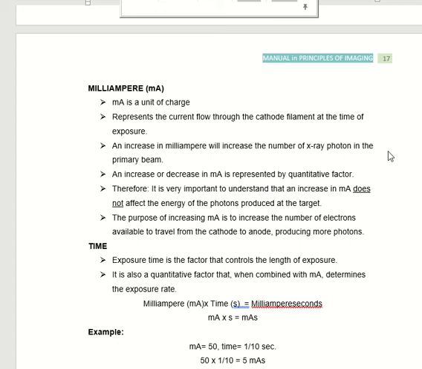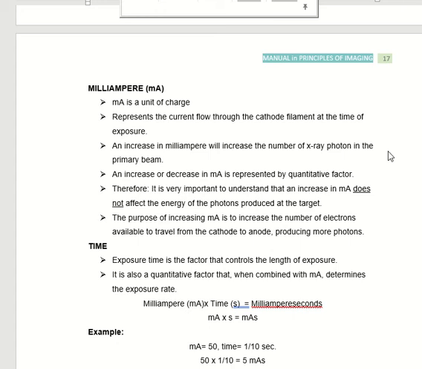So normally, when we select the MA, we will also select the time. But there are modern X-ray control consoles today where, when we select the MAS, we don't need to select them separately. So the MA and the time are already calculated automatically. But in some old units, we should select milliampere, and we should also select the time.